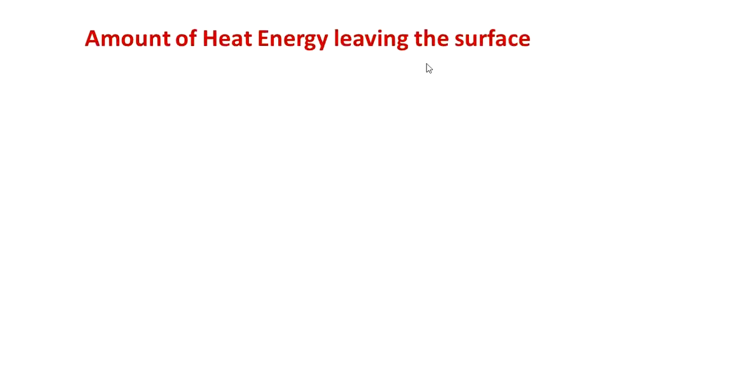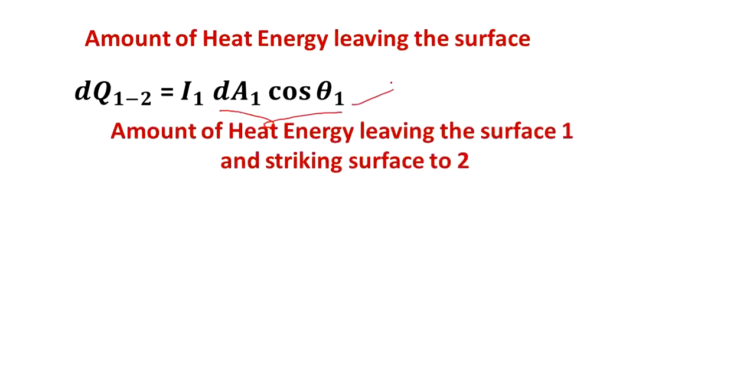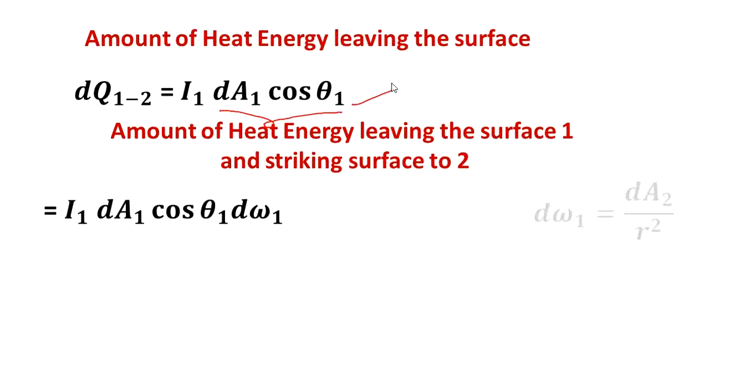Amount of heat energy leaving the surface 1, dQ1 to 2, is equal to intensity of radiation I1 into dA1 cos theta 1. Amount of heat energy leaving the surface 1 and striking the surface 2 is I1 dA1 cos theta 1 d omega 1. But d omega 1, you know, that is the solid angle, dA2 divided by r square.